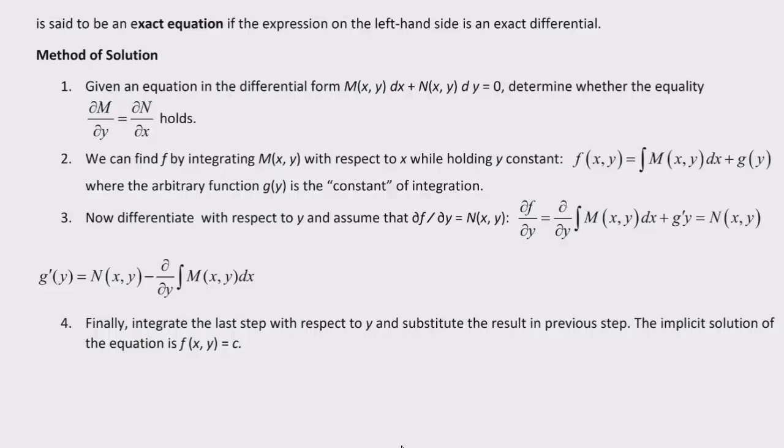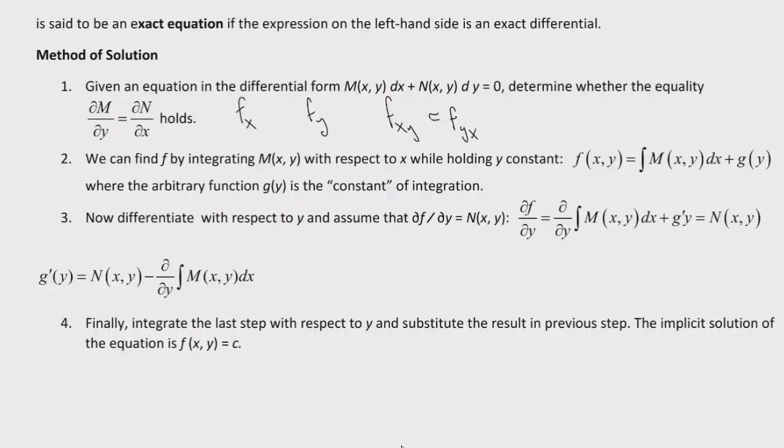In case you're wondering what I'm talking about: if I found f sub x, and then f sub y, and then took the second derivative, the partial with respect to x and then y should be equivalent to the partial with respect to y then x. It's one of those interesting properties of partial derivatives. So if that statement's true, then we know we're dealing with an equation in the format that this process will allow us to solve.